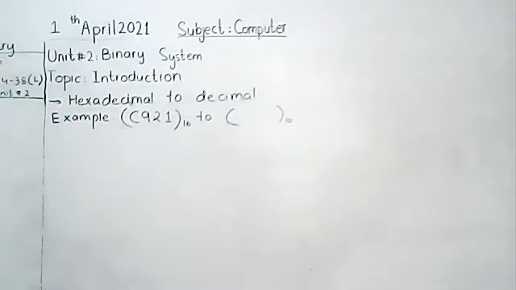Okay, here is an example. Now we have to convert the hexadecimal value to the decimal value. So we will multiply one by one every element of the number with the 16. Okay.